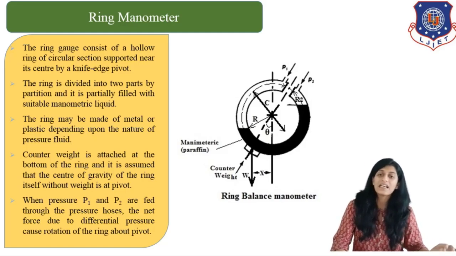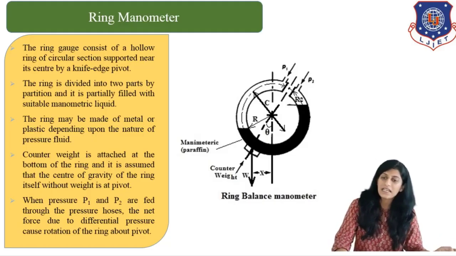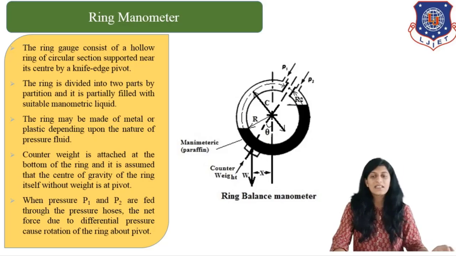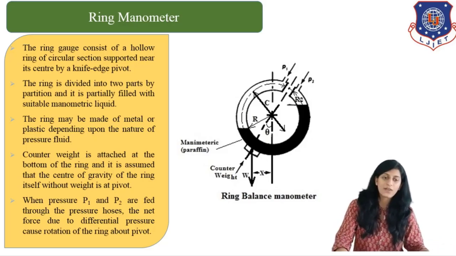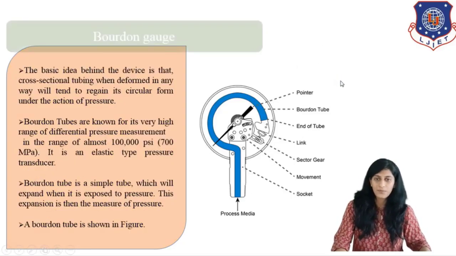The counterweight is basically attached at the bottom of the ring, and it is assumed that the center of gravity of the ring itself without weight is at the pivot, and when there is a pressure difference, then we can easily determine what is the pressure exerted by our system.